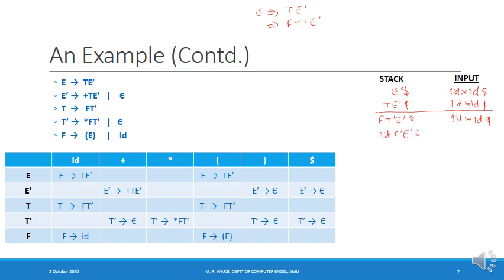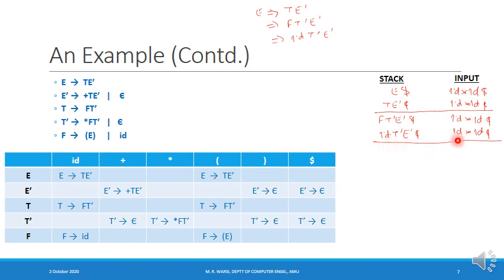Stack is now containing this, buffer is holding, for example, this, and just now in the derivation we have expanded capital F to identifier, and this is the sentential form that we have obtained. The topmost stack alphabet is a terminal symbol, and it is matching with the next input symbol, which is identifier.